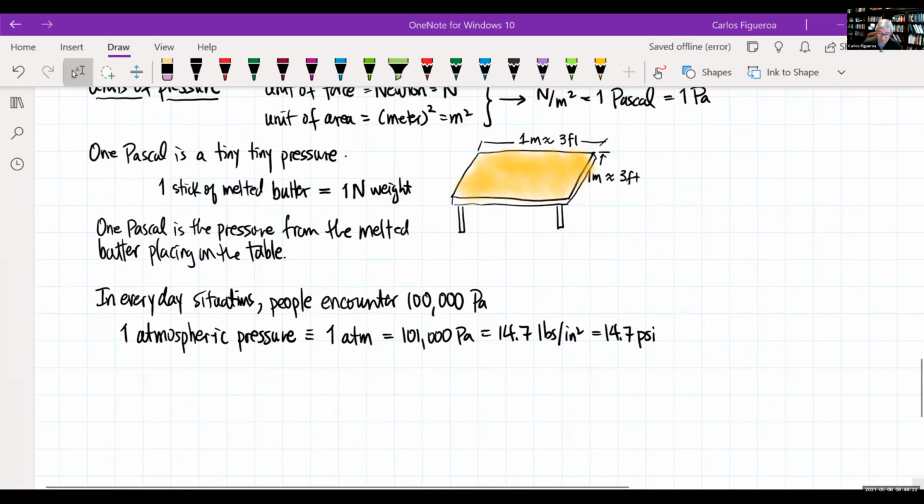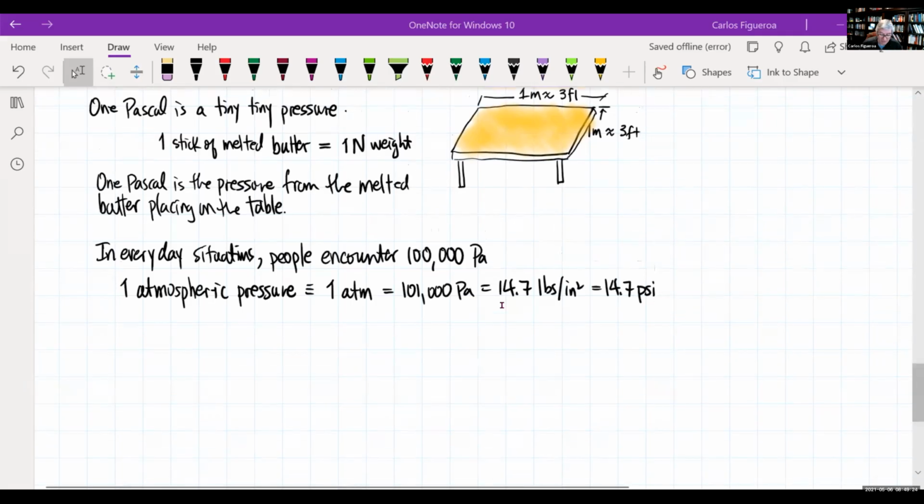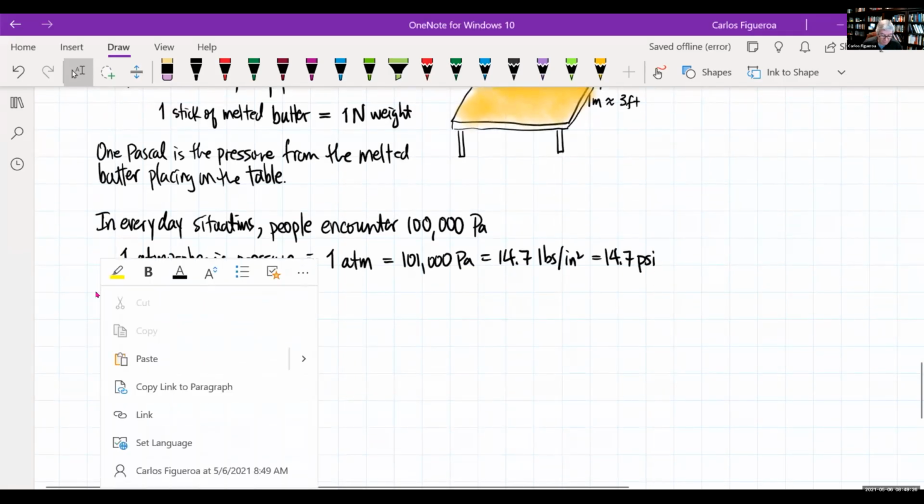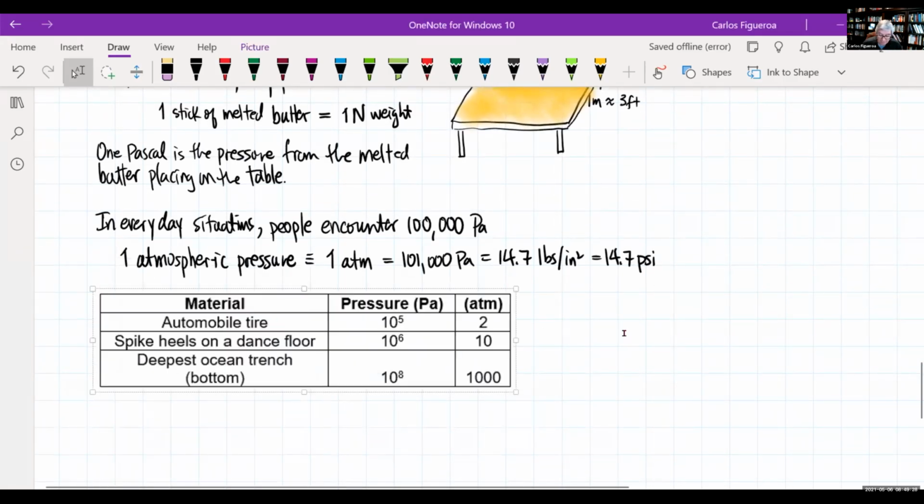So what I want to do here is show you a couple of values so you can see what I'm talking about. What you're seeing here is that automobile tires have 2 atmospheres of pressure.